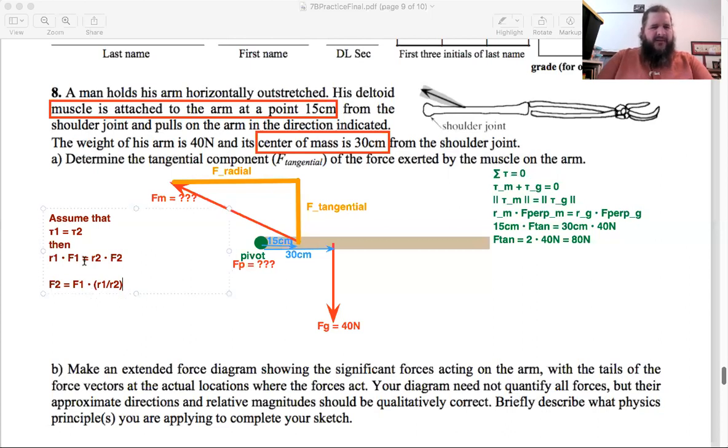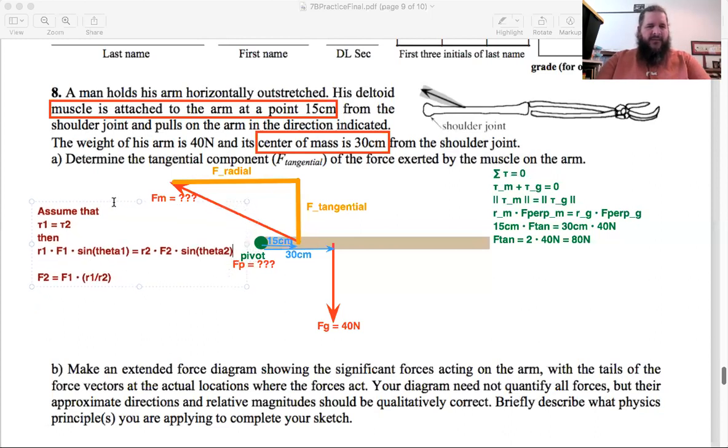Yeah, because if we did have a sine theta here and a sine theta here, if they were the same theta, then the sine theta 1 and sine theta 1 again would just cancel out anyway. In fact, we could even put that in here. We could say divide both sides by sine theta 1 or sine theta 2, and you get sine theta 1 over sine theta 2.